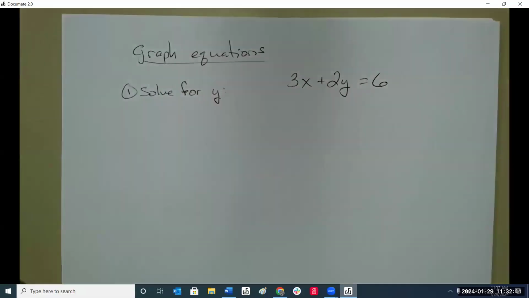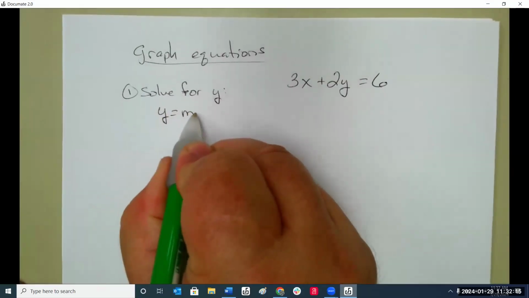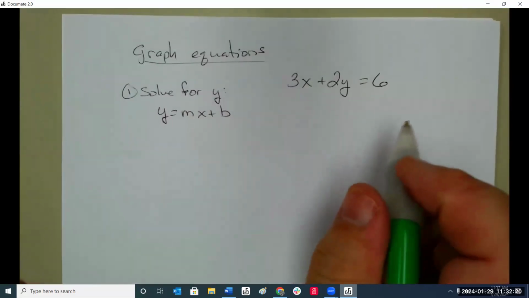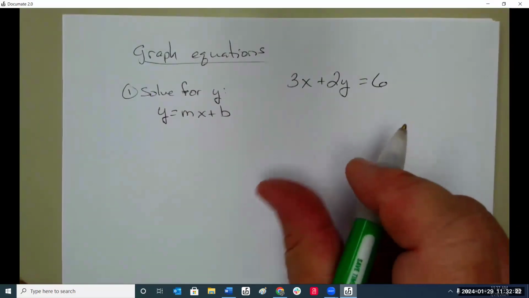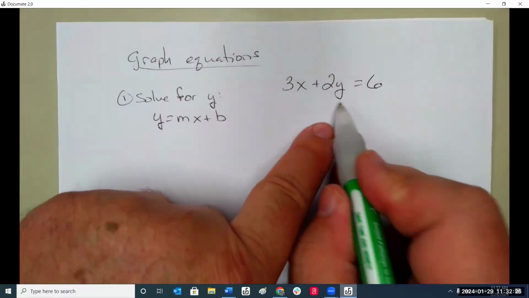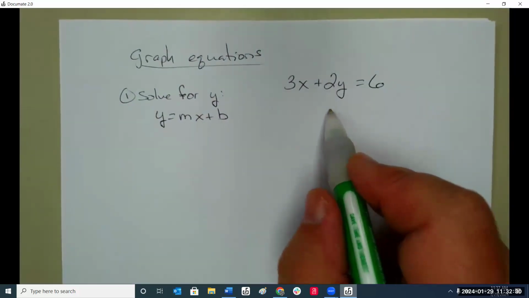If you do that, what form is it in? And what good is that going to do for you? How would you graph that? Well, let's solve for y first. Let's do this one. Very good.